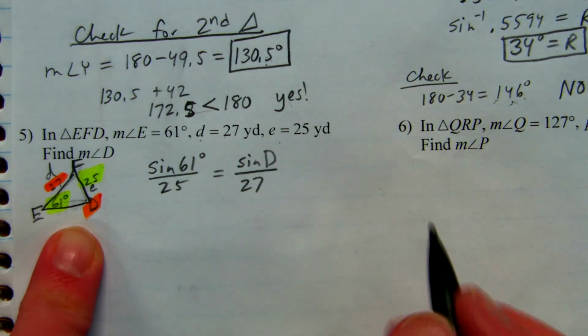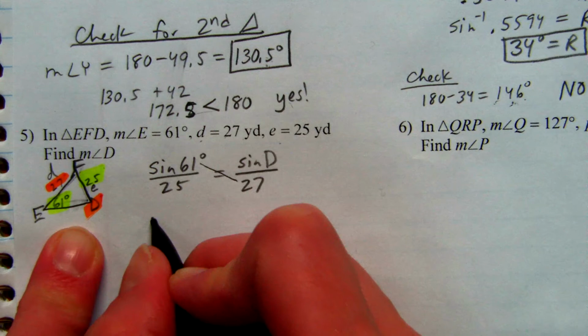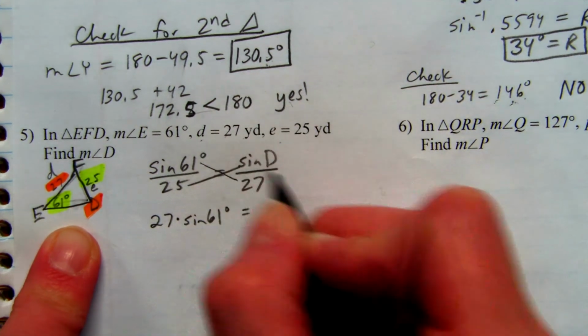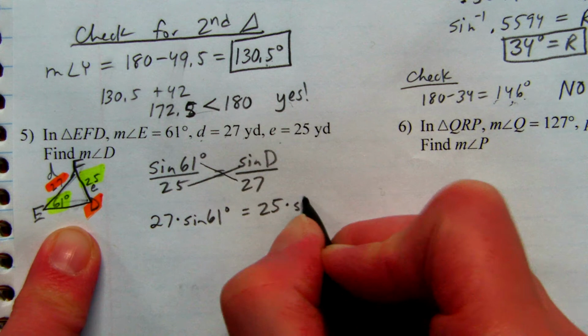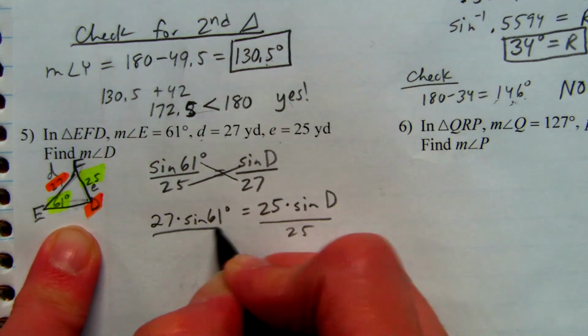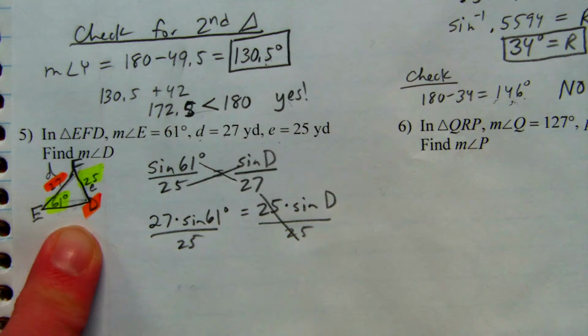Go ahead and cross multiply. So 27 times sine of 61 degrees equals 25 times sine of D. Divide by 25 on both sides.